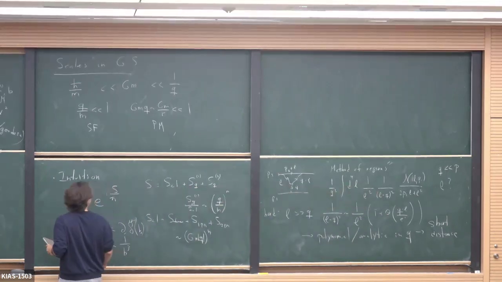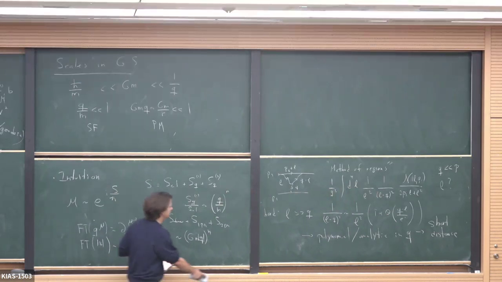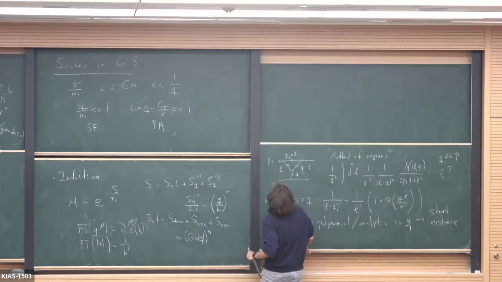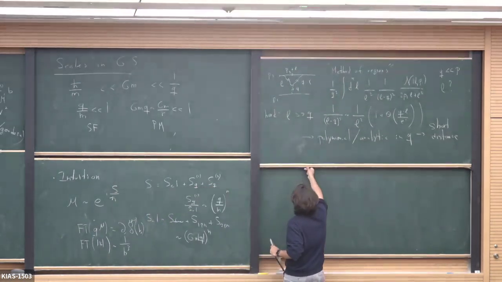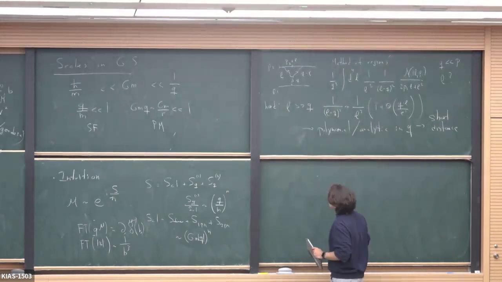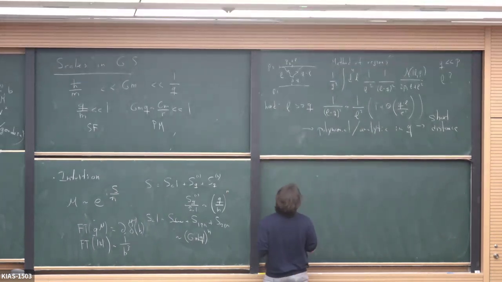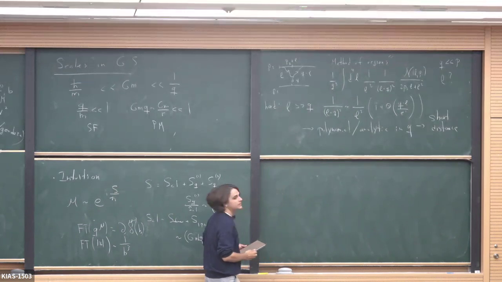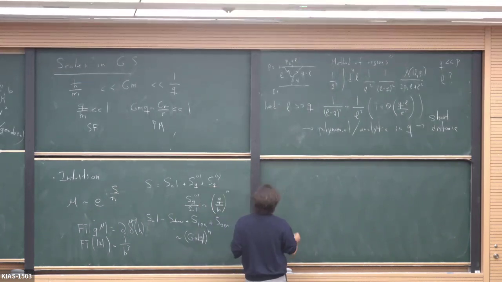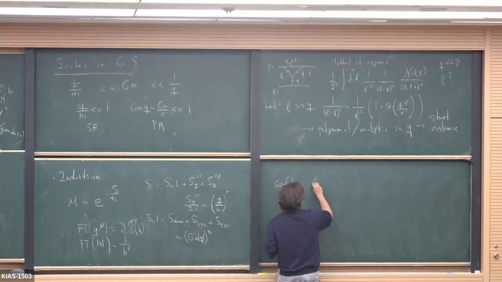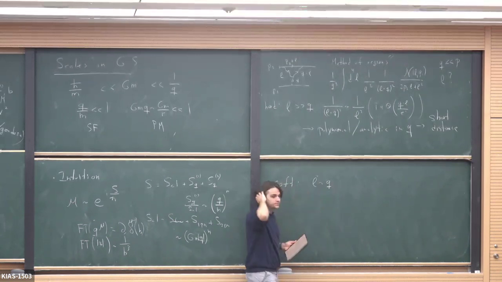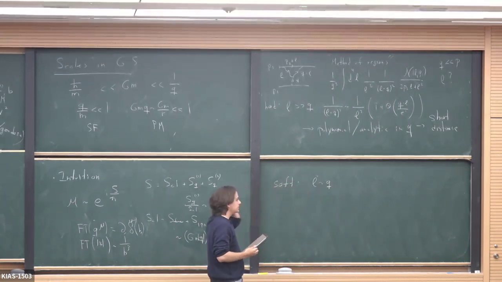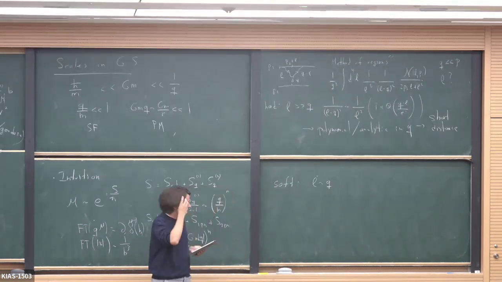Now I'm going to look at the next region. So the other option, yeah, exactly. Great. So there's a subregion, which is when L might be of order Q. Okay, because Q is already small, right?